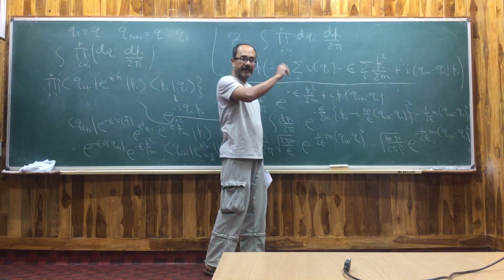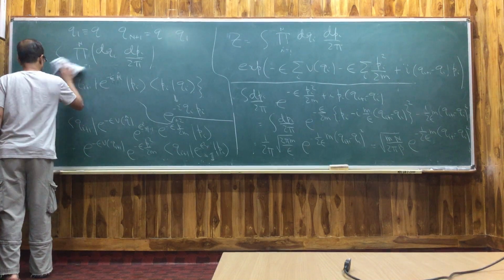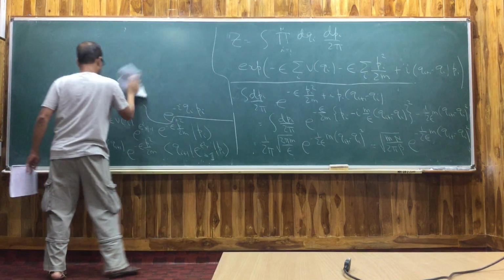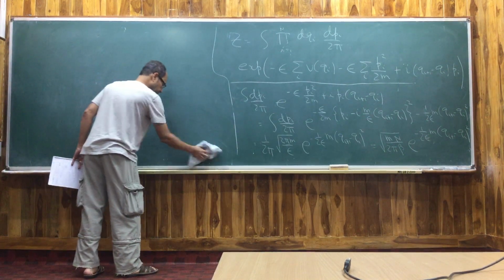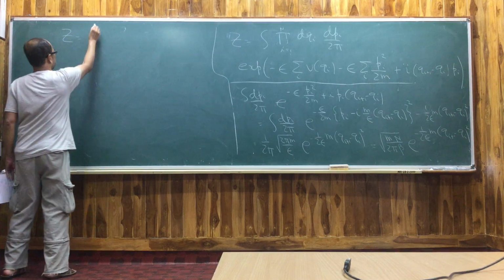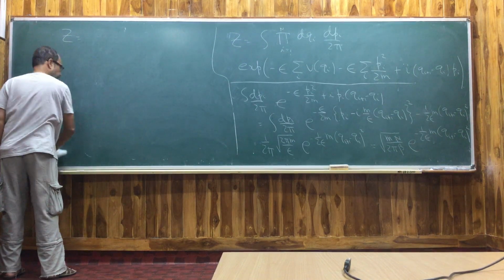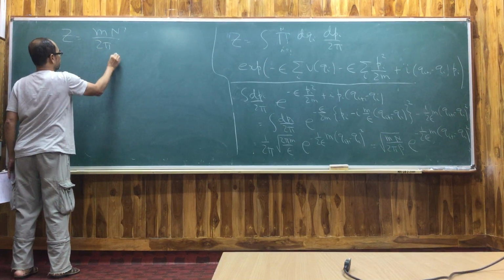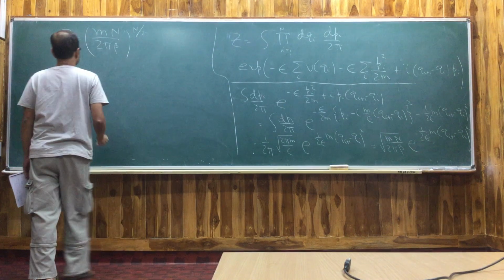Now we can substitute and express the partition function just as an integral over the q_i variables. So we get Z as the integral, product over i, of m over 2 pi beta to the power n by 2, where n is part of that.